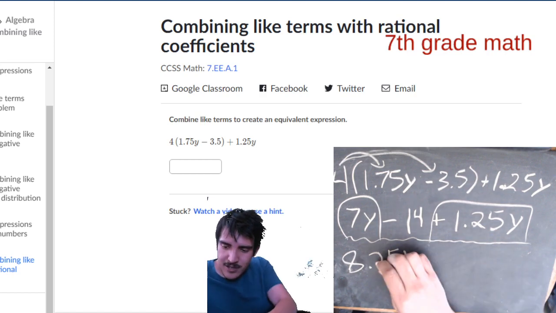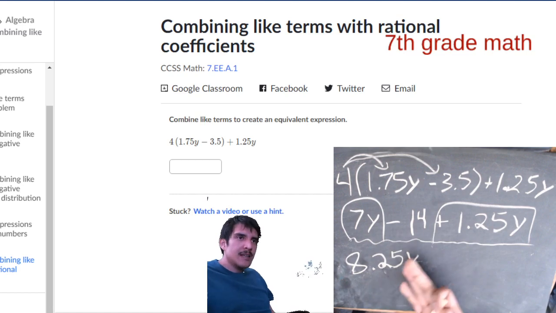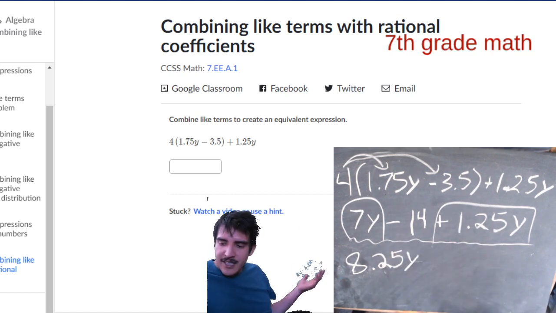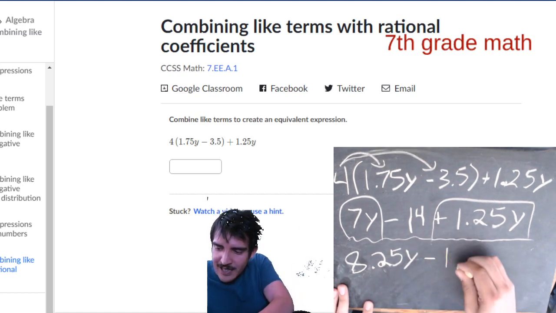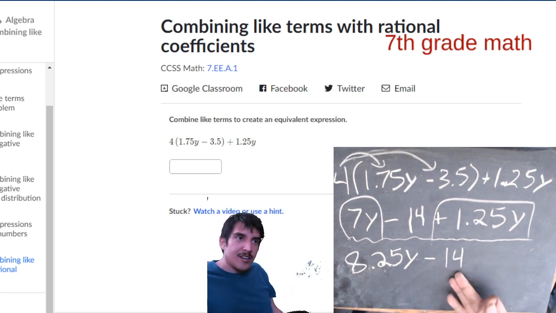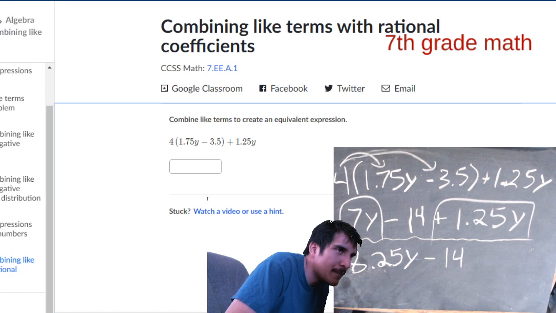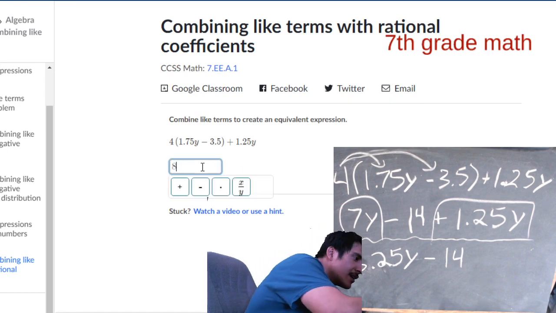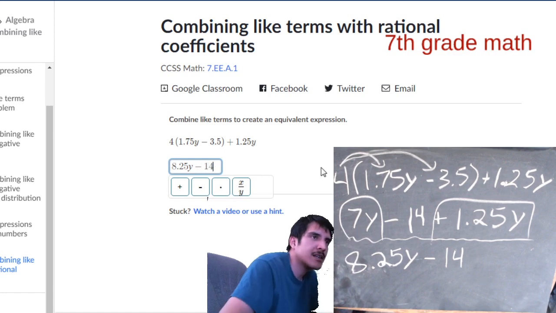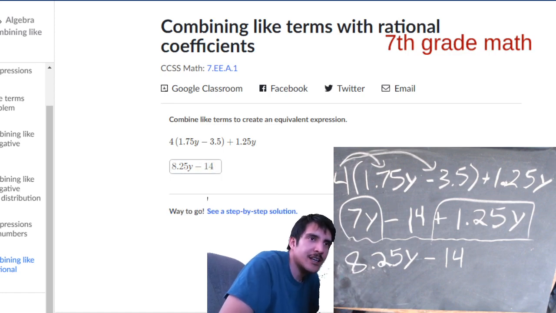Then negative 14, that's the only thing left, so you can just bring that down. Again, these are not like terms, so you just leave them like that. 8.25y minus 14. And check.